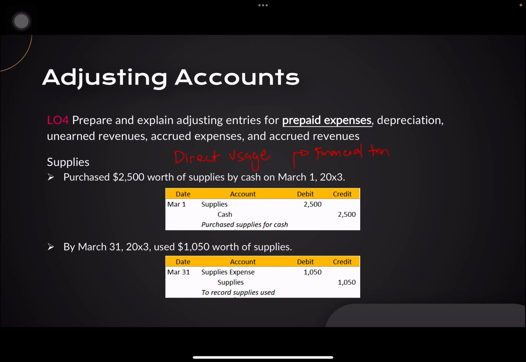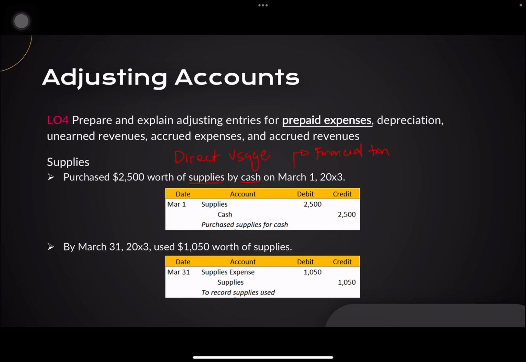Now that we've determined that this is indeed a financial transaction, let's know what accounts are affected. The accounts affected here would obviously be your cash, because you paid cash for it. But what did we purchase as a result of this cash transaction? We purchased supplies.